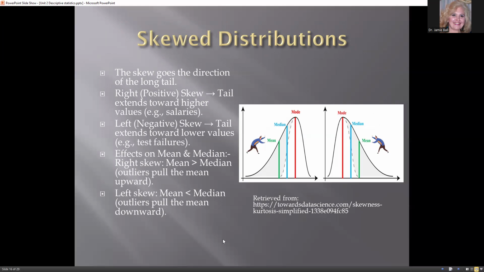The skew goes the direction of the long tail. Okay? And the effects on the mean and median, right? If it's a right skew, the mean is greater than the median. If it's a left skew, the mean is less than the median. And you can see it in the picture.